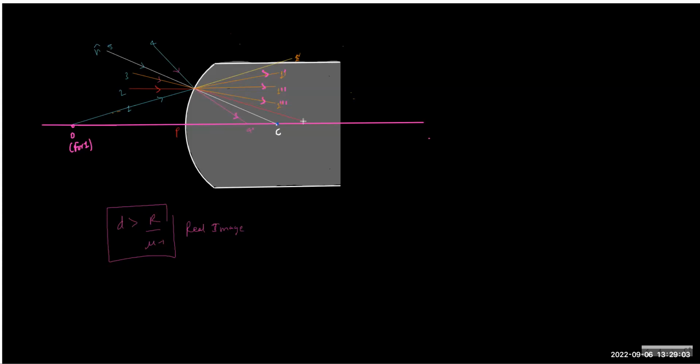So even three will have image somewhere here. And the five will be five here, five dash for sure. And these two are real. This one is virtual, isn't it? Yes, sir.